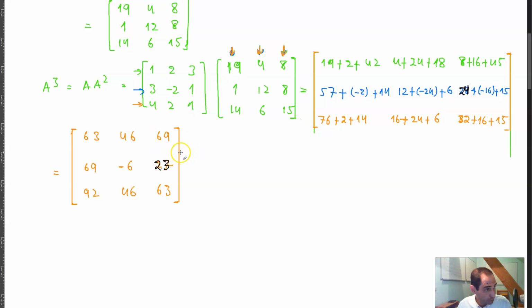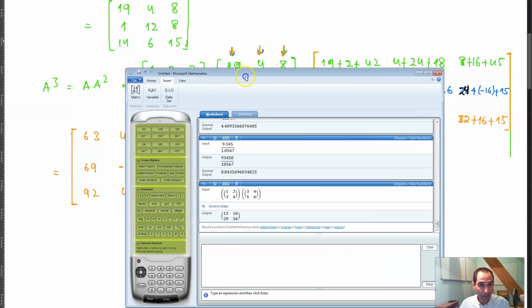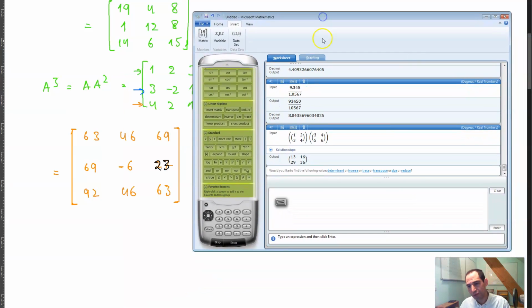Now if you have many matrices to multiply and so on and so forth, sometimes your mind is tired, but still you have to keep doing your work.